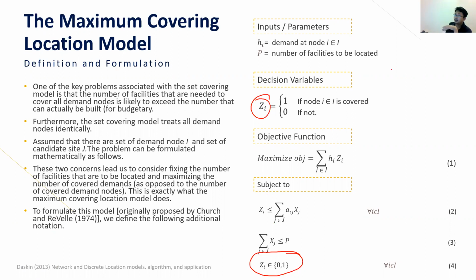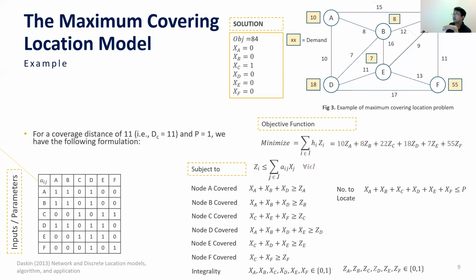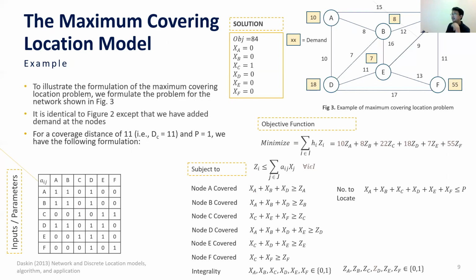Okay, next, the same way we can represent this one with the same example. We need to put more information, like the demand here. And another piece of information is how many facilities can be open or can be selected.